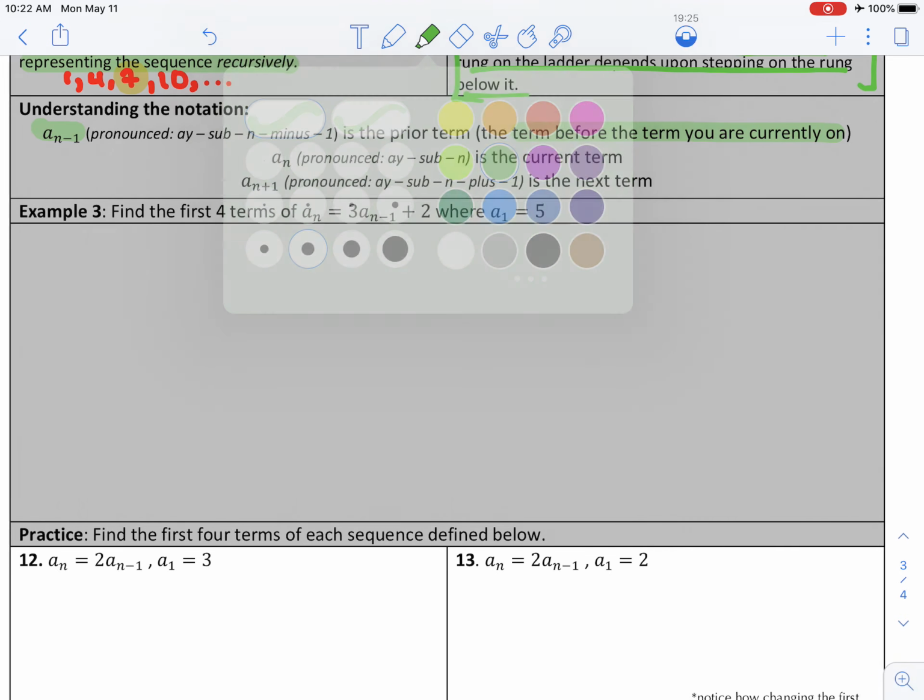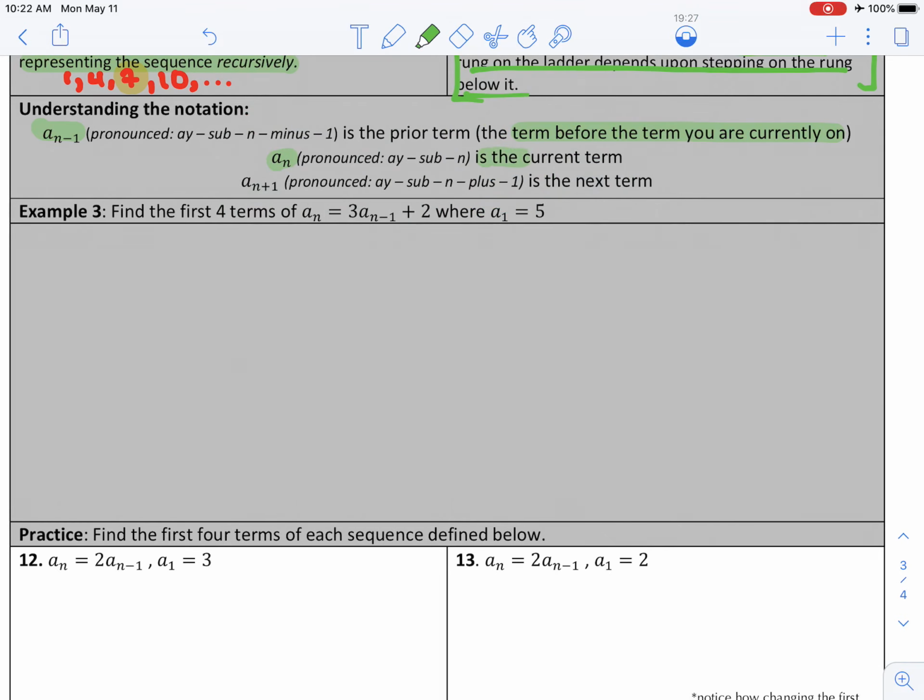A sub n talks about the current term. So if I'm focusing on 7, a sub n would be 7 in this case. Versus a sub n plus 1 is talking about the next term. If we're looking at that sequence in red, 1, 4, 7, 10, and I'm focusing on 7, my next term would be 10.